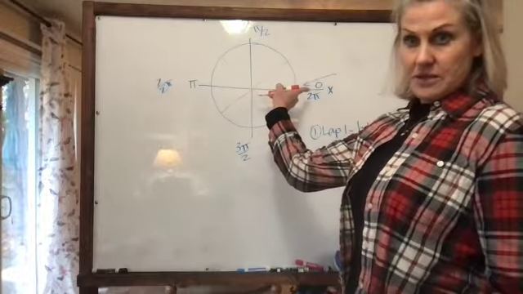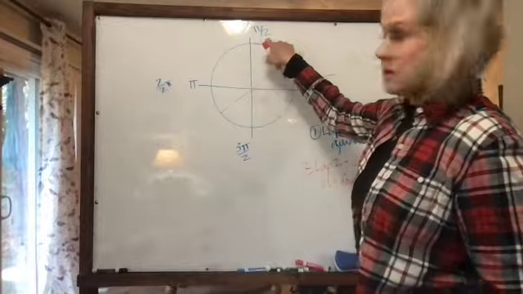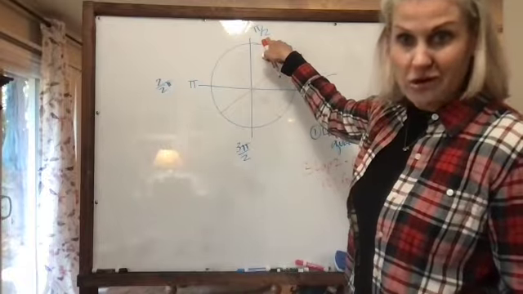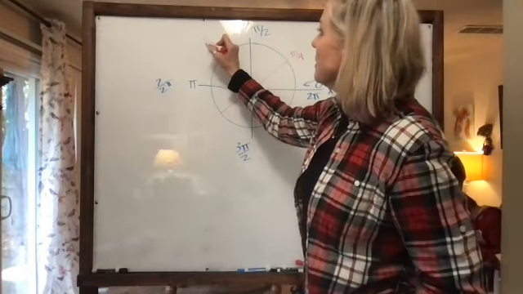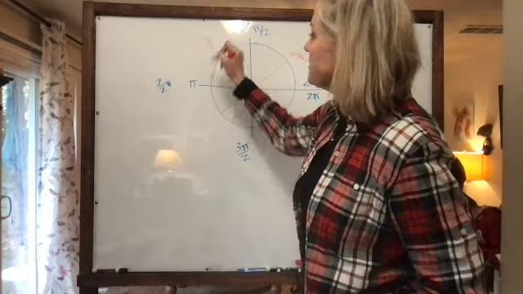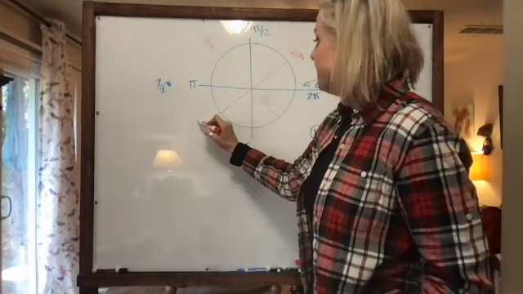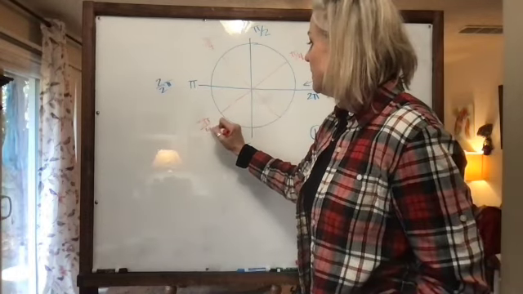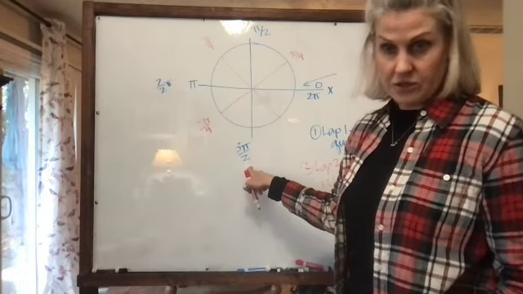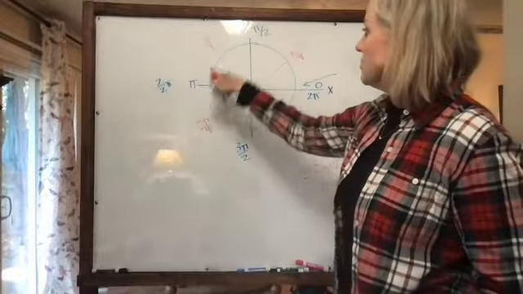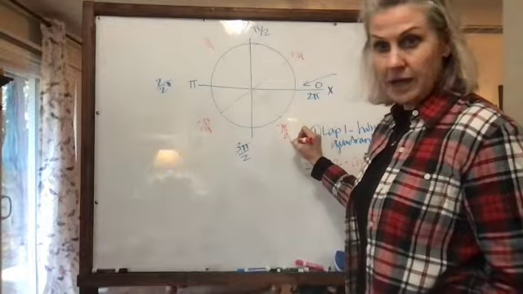Start at 0, positive x-axis, and we're going to go 1 fourth, 2 fourths, 2 over 4 is 1 half, got it labeled, 1 fourth, 2 fourths, 3 fourths, 4 fourths, 4 over 4 is 1, we're good, 5 fourths, 6 fourths, 6 over 4 reduces down to 3 halves. 1, 2, 3, 4, 5, 6, 7 pi over 4.